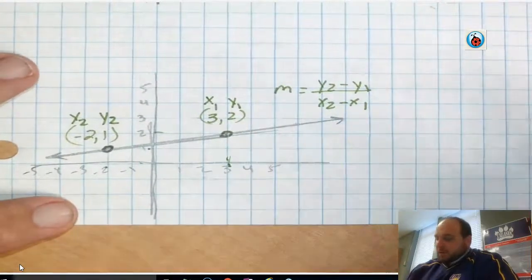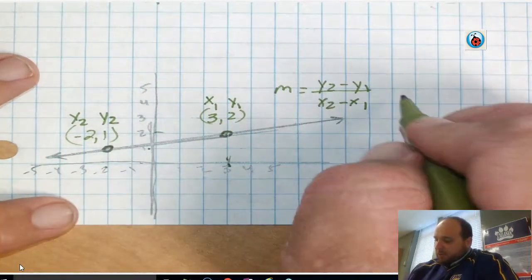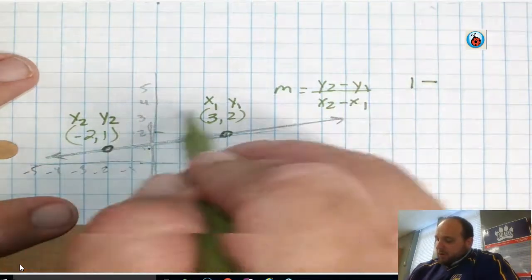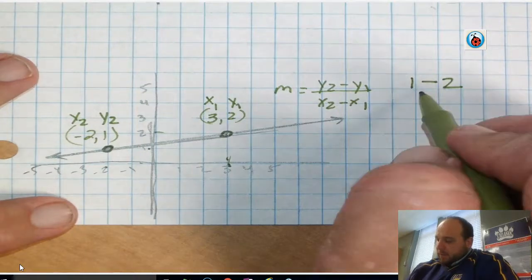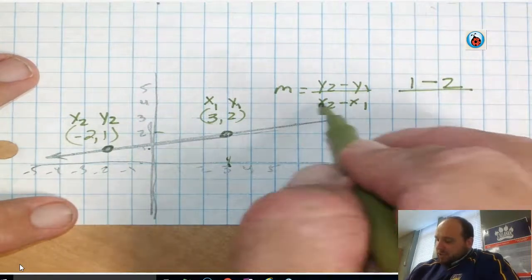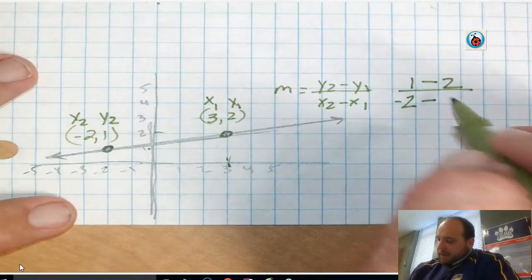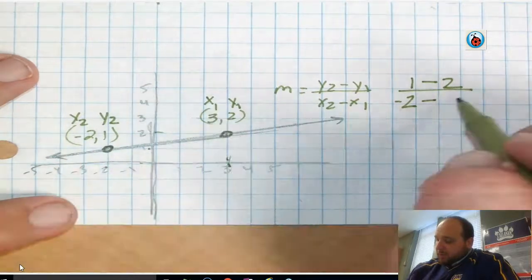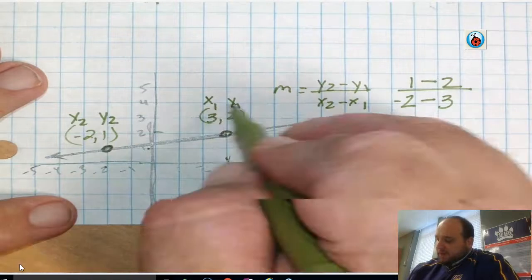Now I'm going to substitute those in. y2 has a value of 1. Subtract the value of y1. y1 is right here. It was 2. Over x2. x2 was -2, minus x1, which was 3.